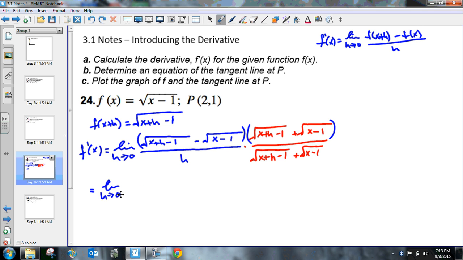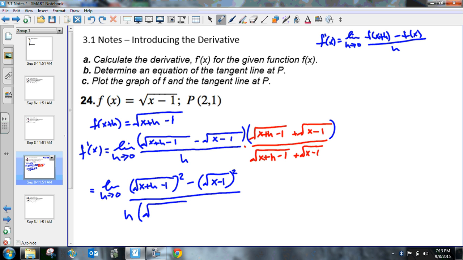I'm just going to write that: the quantity square root of x plus h minus 1, squared, minus the quantity square root of x minus 1, squared, all divided by h times the main quantity, the square root of x plus h minus 1 plus the square root of x minus 1.